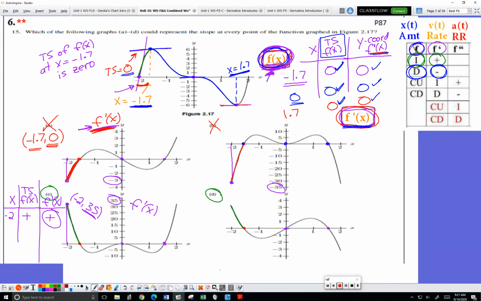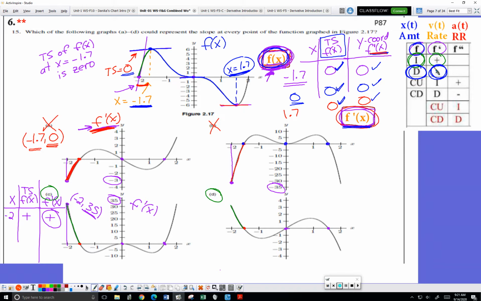So what I saw was, starting at x equal negative 1.7, until I get to x equal 1.7, the graph of f here decreases. Saying that f decreases means I see f going down. Therefore, the matching graph of f prime must have only y coordinates whose values are negative.